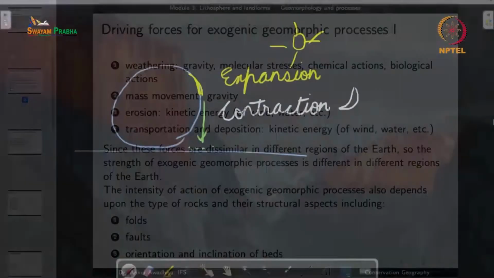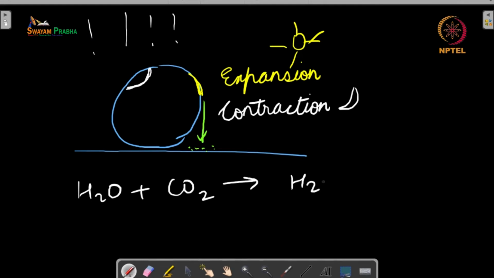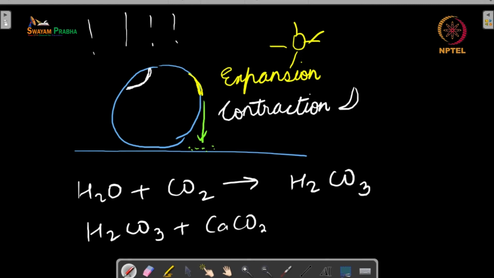So suppose in this piece of rock you have this portion that is high in calcium carbonates. Now, when it rains, you have water that absorbs the carbon dioxide in the air and it forms carbonic acid. Now, this carbonic acid can react with calcium carbonate and this will lead to dissolution.